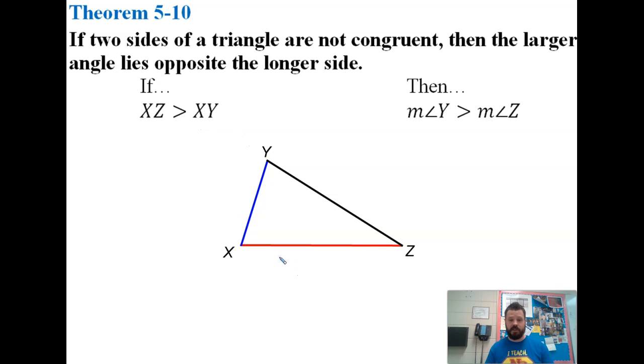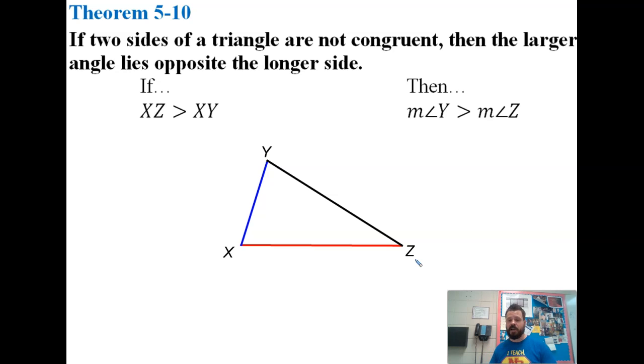So again, it's pretty easy to tell that red is bigger than blue here. Okay, then what we're saying is that the angle opposite red, so angle Y, will be bigger than the angle opposite the blue, which is angle Z. Okay, so essentially what we're saying there is that the bigger sides are across from the bigger angles, smaller sides are across from smaller angles.